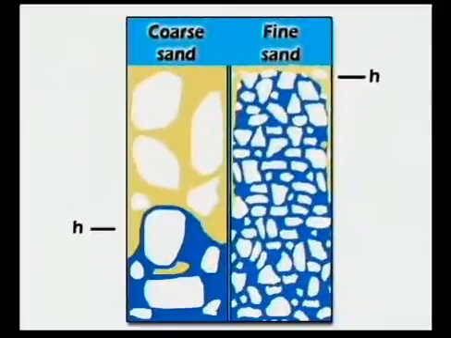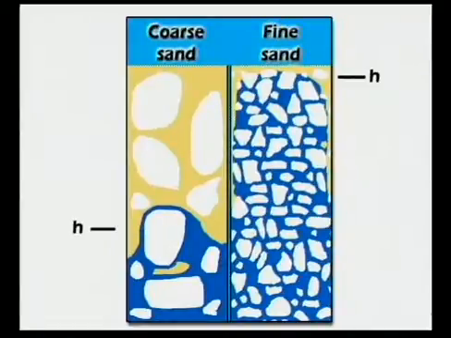That is, the height of rise of water from a free water surface, the groundwater table, upward in the soil will be far less as we have larger size pore spaces that correspond with coarse sandy soils than in a soil that has smaller size particles. Here in this illustration, we're comparing a coarse sand to a fine sand, and you can see that the height of rise here is more than twice as far.